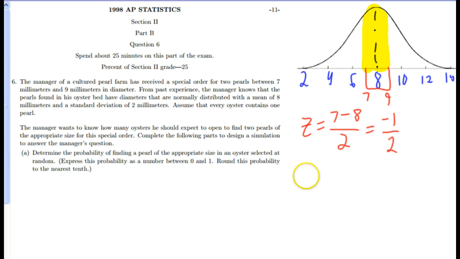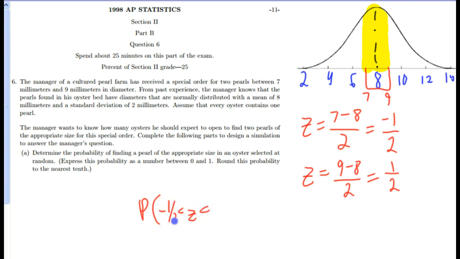And then take 9. So your upper z would be z equals 9 minus the mean of 8 over the standard deviation of 2, which is positive 1/2.